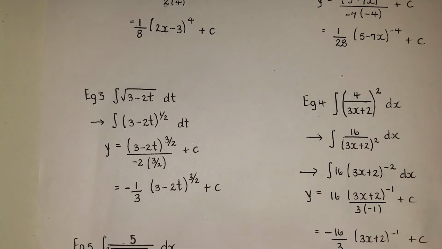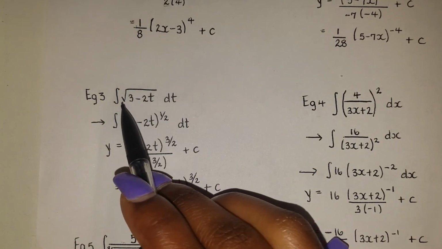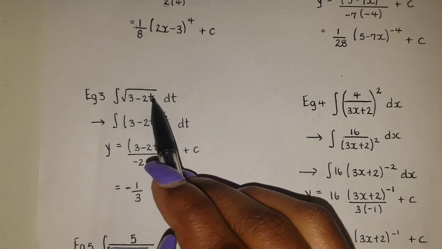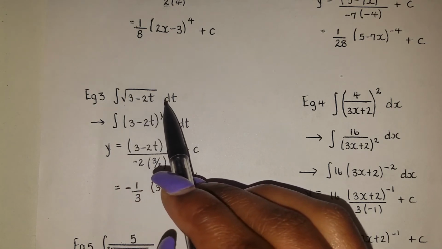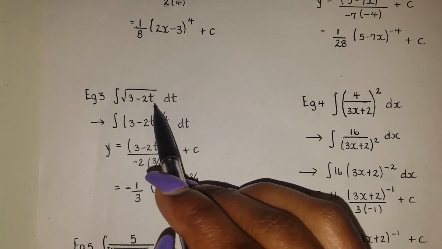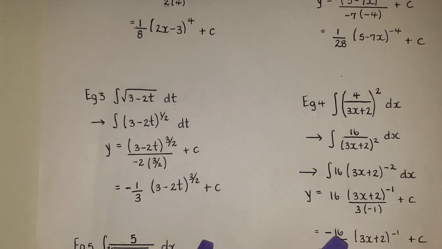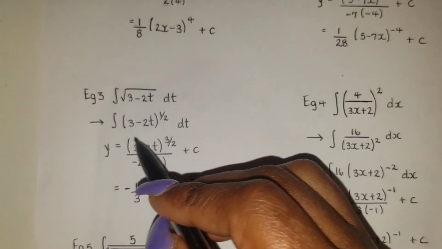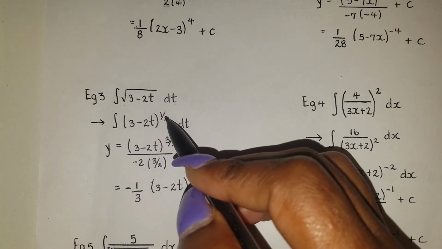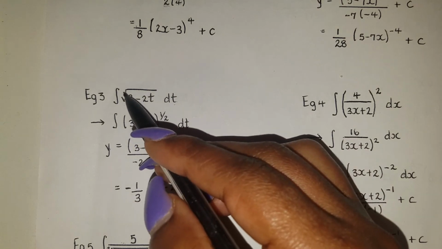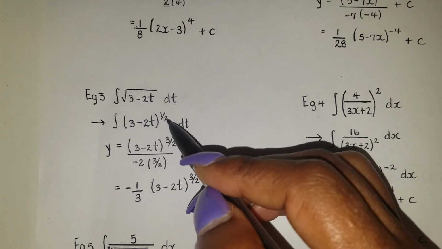In our third example, we have the square root of 3 - 2t, dt, integrating with respect to t. First, this gets rewritten as (3 - 2t) raised to the half. Instead of the root sign, we can raise it to a half.